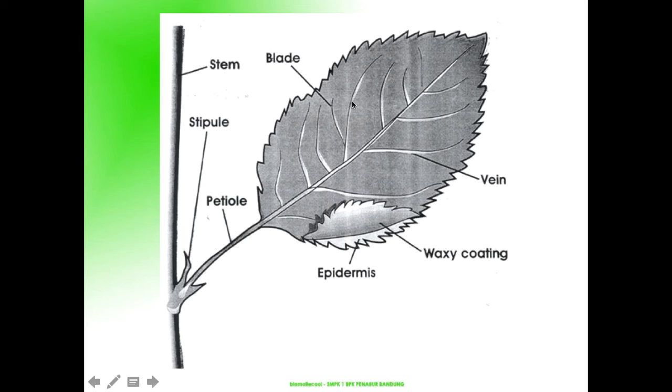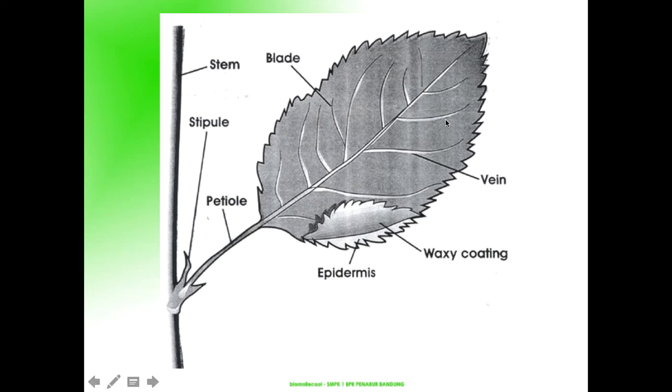Inside the blade we can see the veins, and the pattern of the veins, how they are arranged, will give us a clue of whether it is a dicot or monocot leaf.